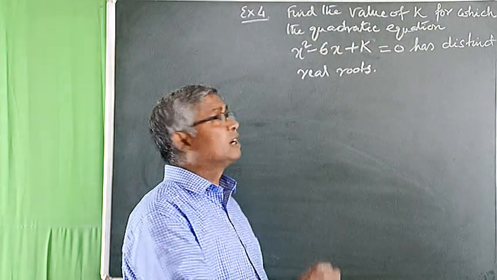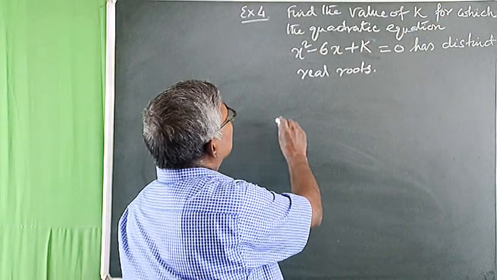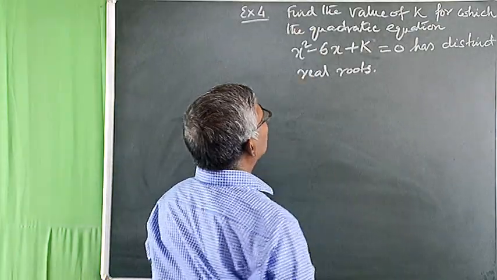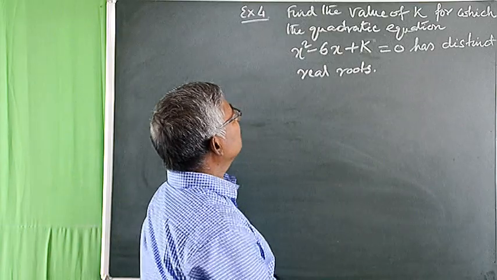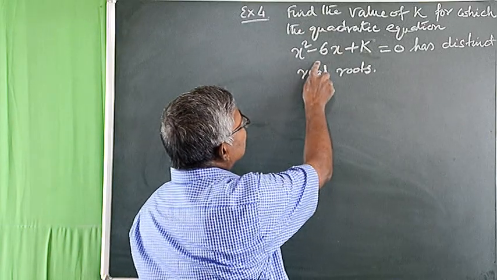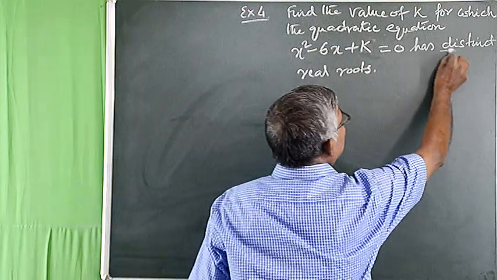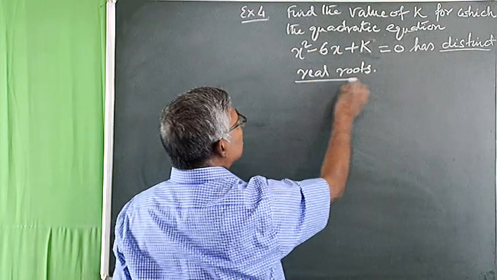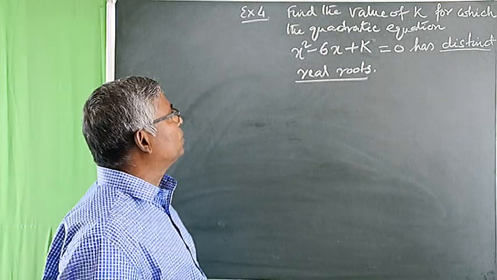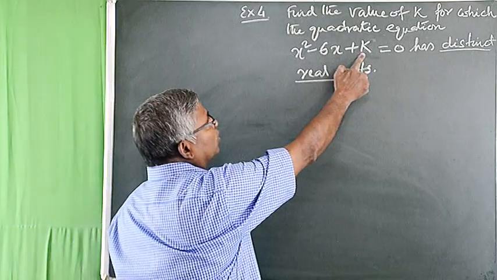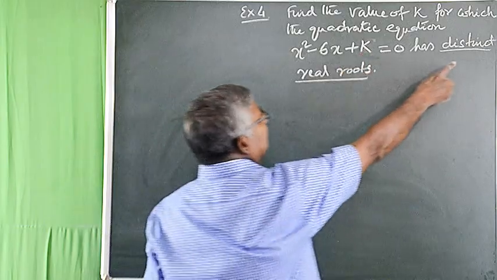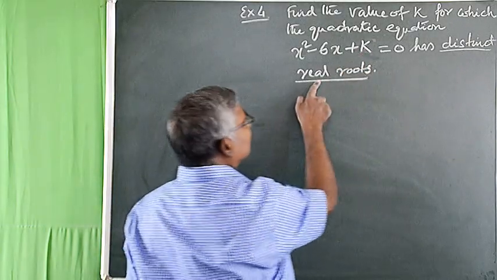Students, let us consider the fourth problem. Find the value of k for which the quadratic equation x square minus 4x plus k equal to 0 has distinct real roots. Students, we have to find the value of k for which the roots are distinct and real.